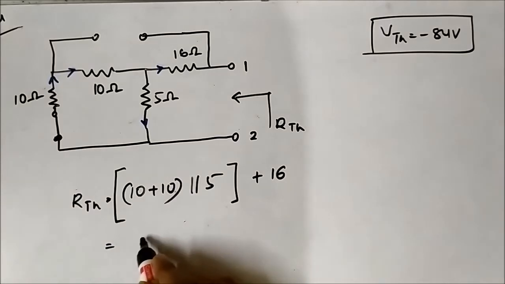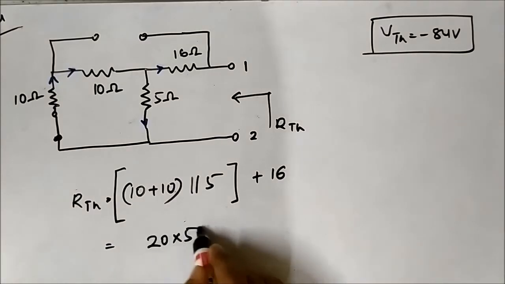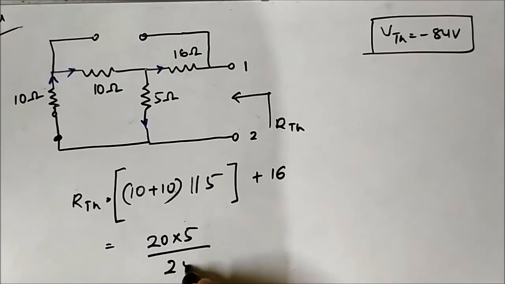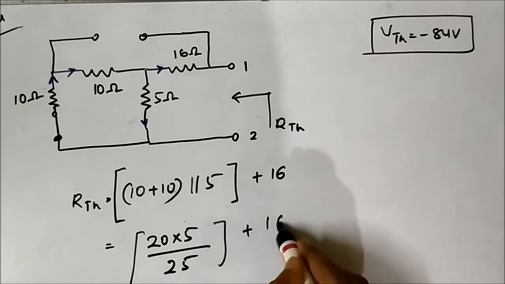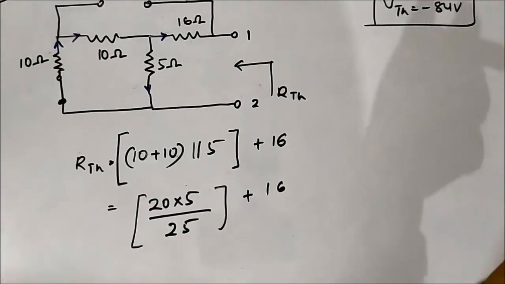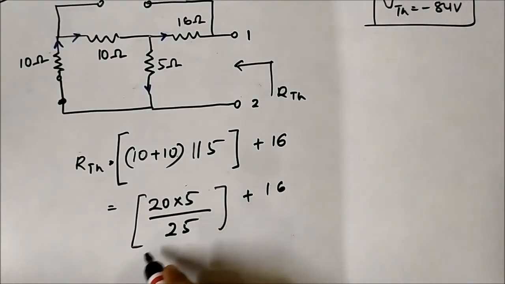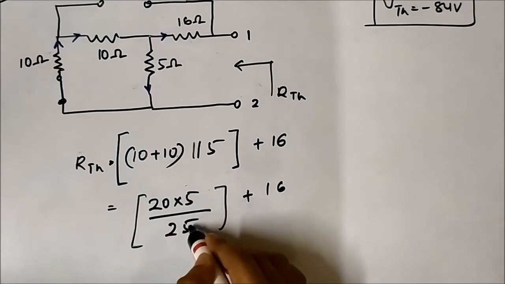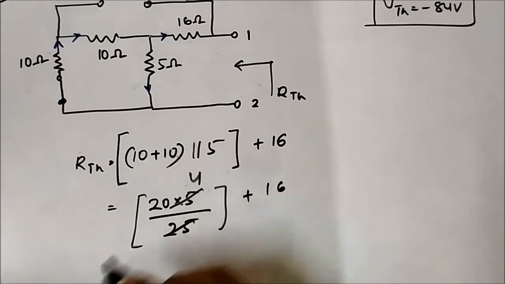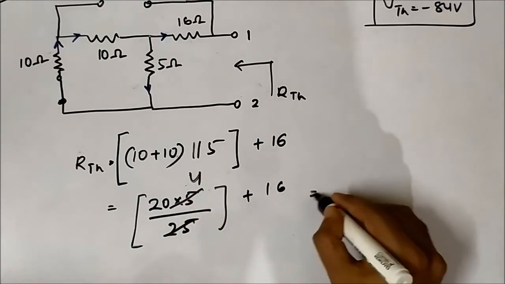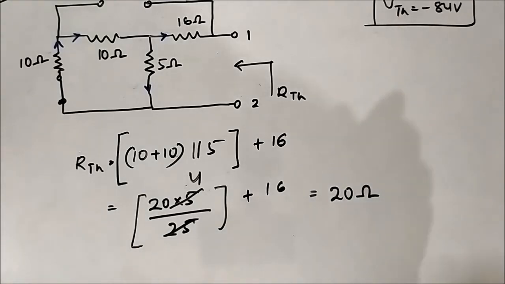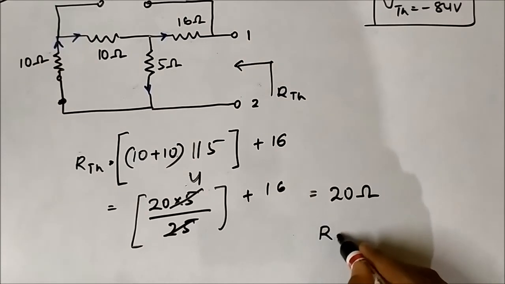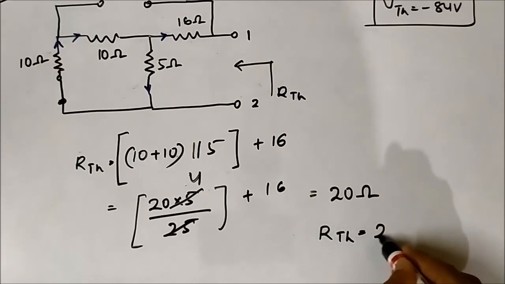So it is 20 parallel 5, which is 20 into 5 by 25, plus 16. It is 100 by 25, which is 4, and 4 plus 16 is 20 ohm. So RTH is 20 ohm.